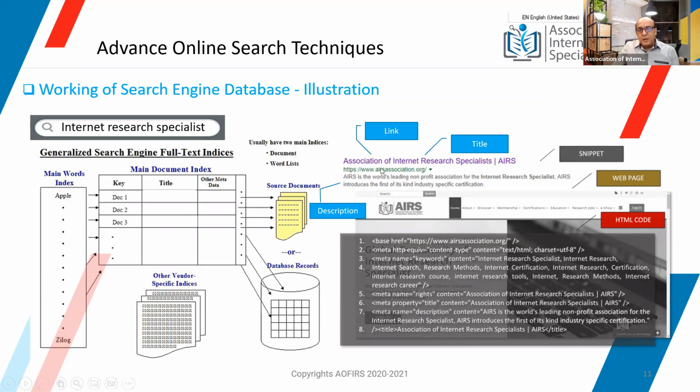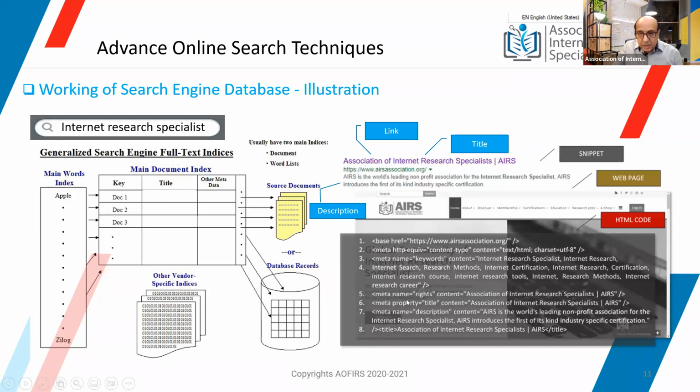So when we are looking at what is shown here in purple color as the title part, it is being pulled from a tag called title. Here you could see that there is a tag called title, and this information contained in it, Association of Internet Research Specialists, is pulled from the meta tag, or the tag called title. It doesn't have the word meta written on it.